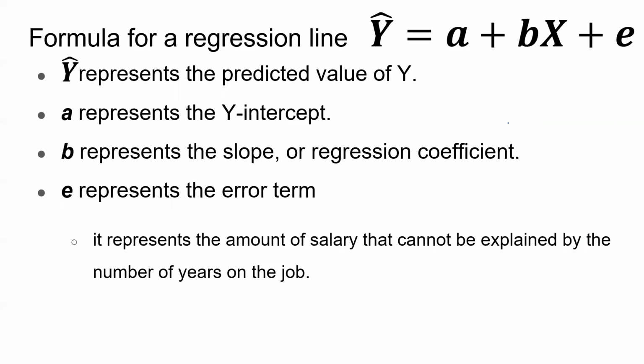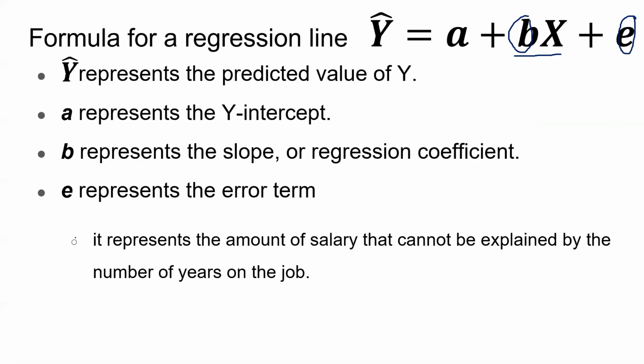So our revised formula for the regression line would be y hat. So this little hat on the y means it's a predicted value of y, is equal to a, that's our y-intercept, plus bx, where b is our slope and x is our value for x, plus e. This is our error term.